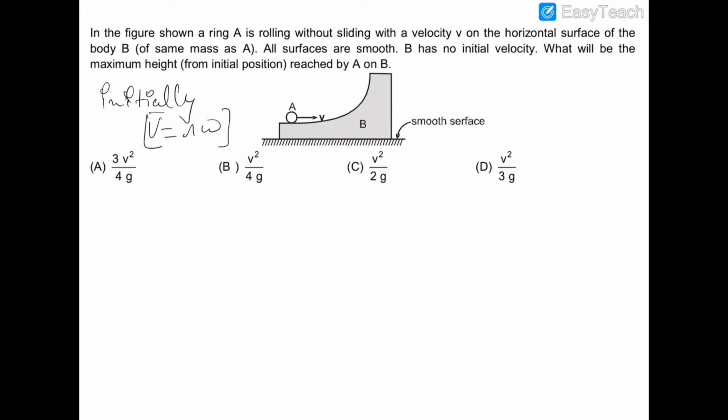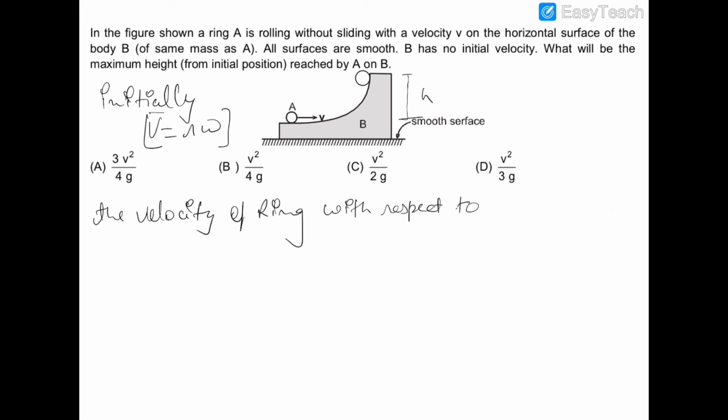So finally, let's suppose that this ring attains a height of h above the plank, and in this case the velocity of the ring with respect to the plank is 0 because it is at maximum height, so it would not be moving with respect to the plank.